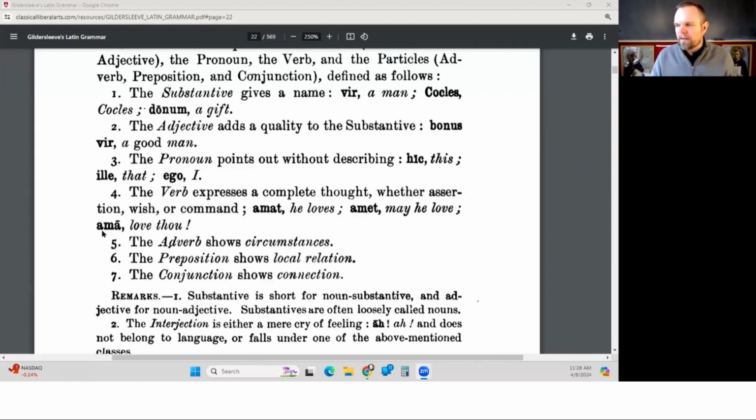And then lastly, you see ama. There's no consonant at the end. It's ama. And this is an example of a command. By changing the form, we now change the mode of the verb so that it expresses a command. Love thou. And that's just a way of saying, hey, love. You need to love. Love. Ama. Okay?